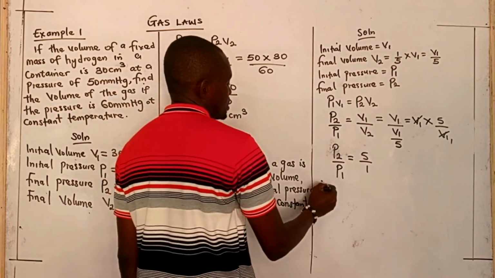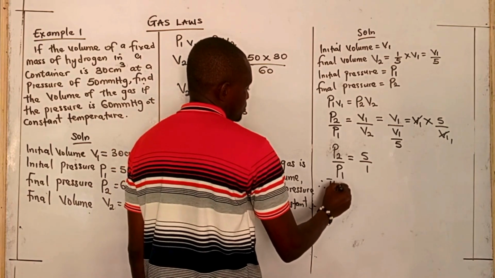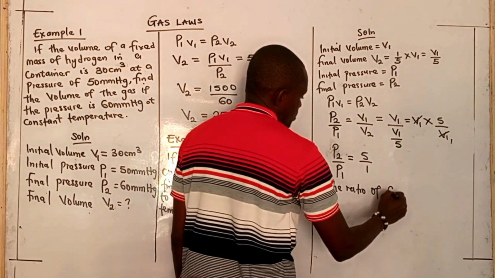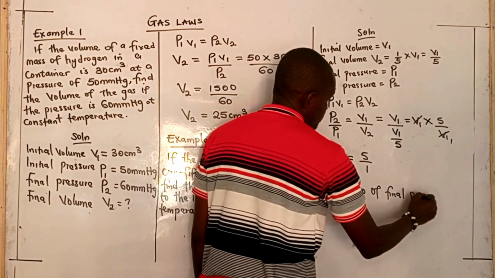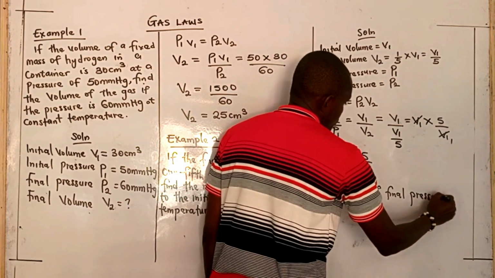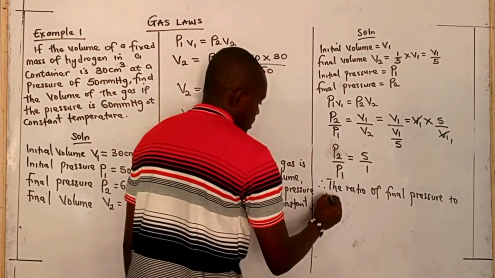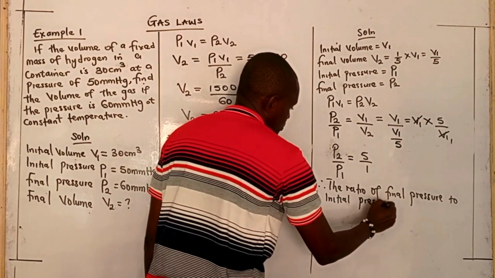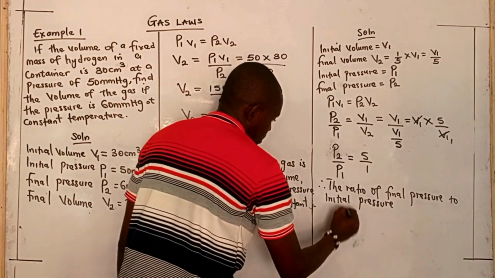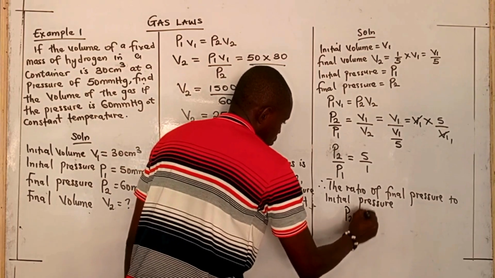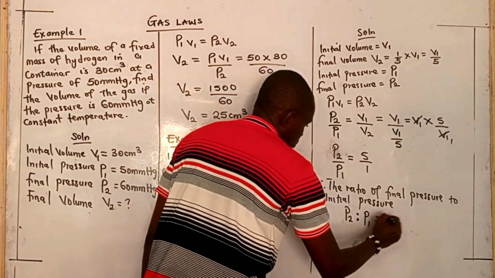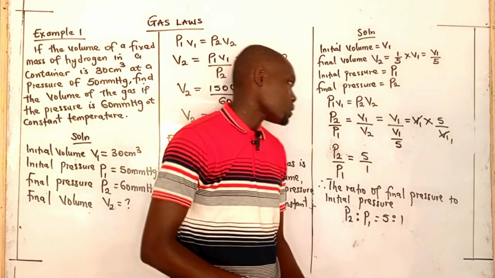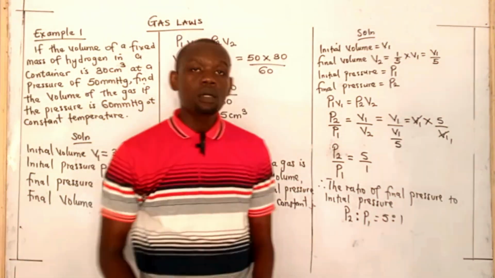We can now say therefore the ratio of final pressure to initial pressure, which is P2 ratio P1, equals 5 ratio 1, which is our answer to this particular question.